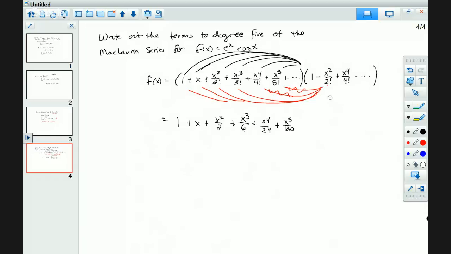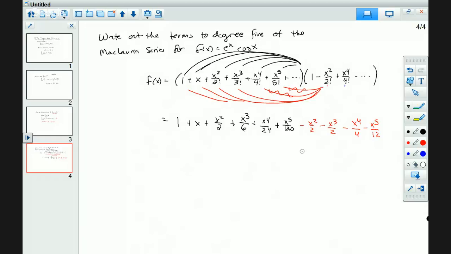So minus four. Then I'm going to stop because that's degree 5. I don't need to do the other two. X to the 5th, and that's 6. And now we do the last one.